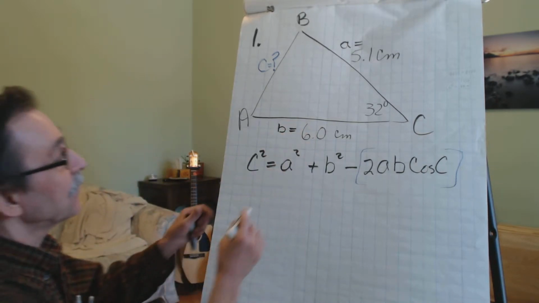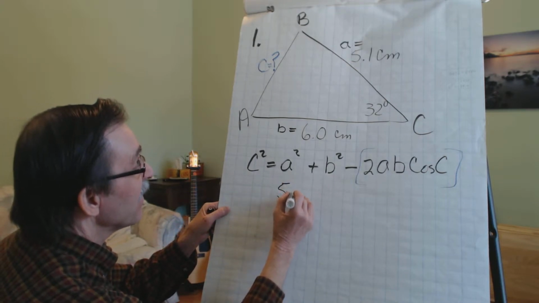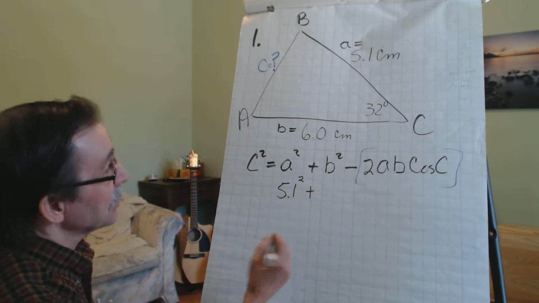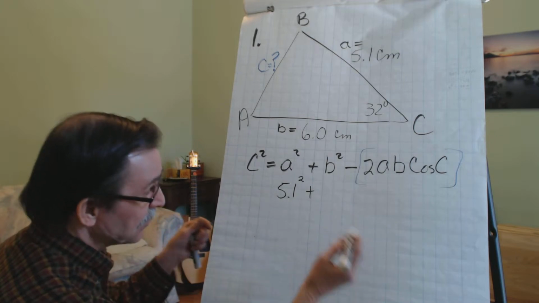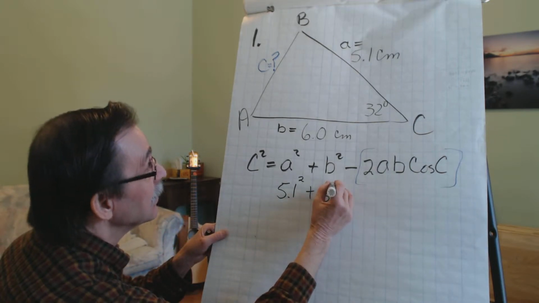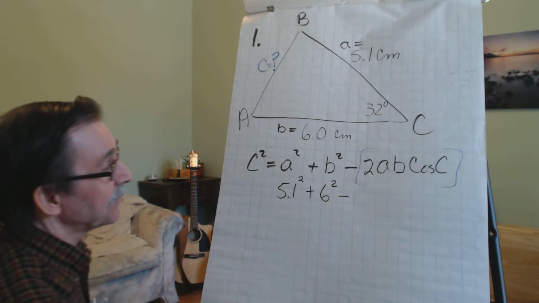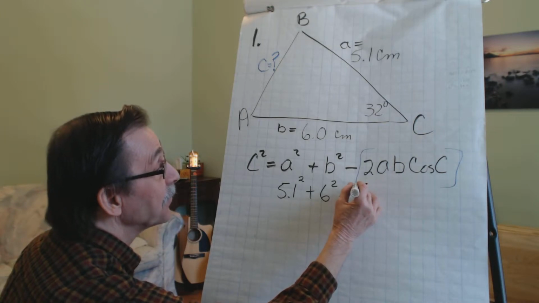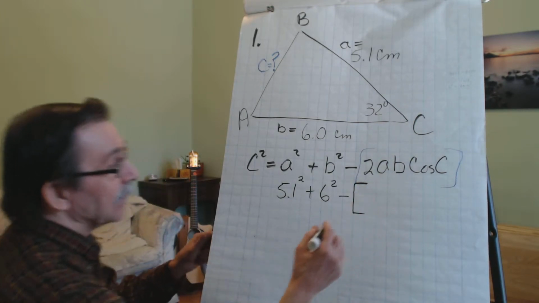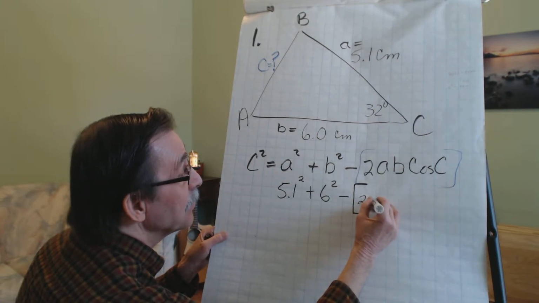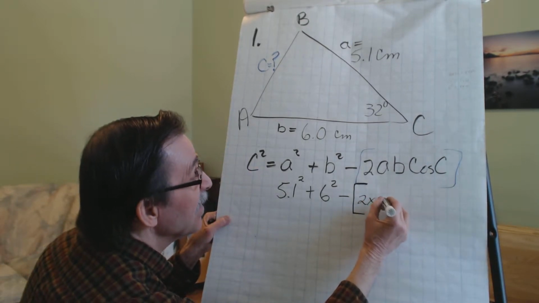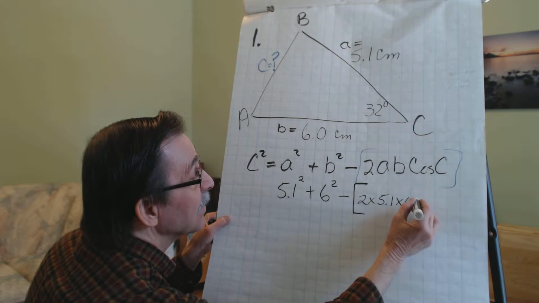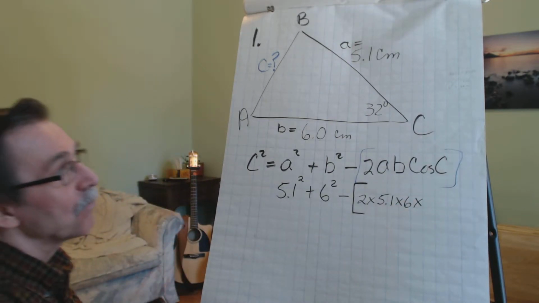So a squared is 5.1 squared, plus b squared is 6 squared, minus, now you won't see this bracket on a formula, I'm just putting it there to help us stay focused, 2 times a, which is 5.1, times 6, times whatever the cos of C is.